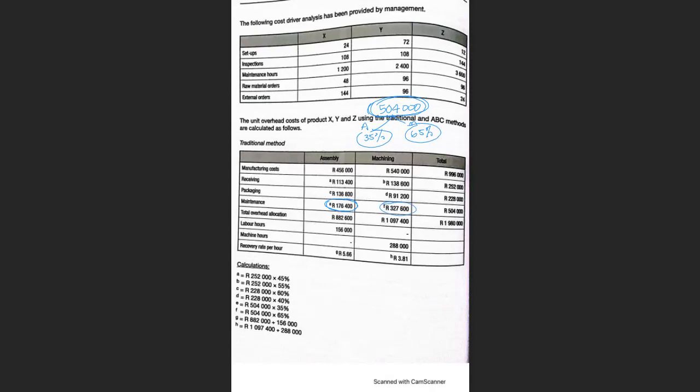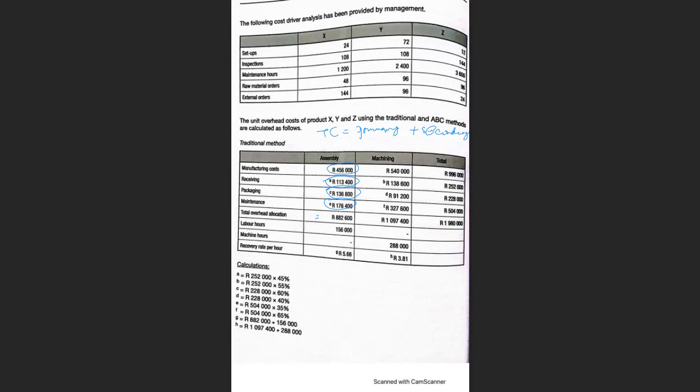You're fine with those? Okay, so all you're going to do now is add up the total, to give you the total cost, the primary and the secondary. So for the assembling department, it's going to be the primary cost of 456 plus the 113,400 plus the 136,800 plus the 176,400, and that gives you that total overhead of 882,600.